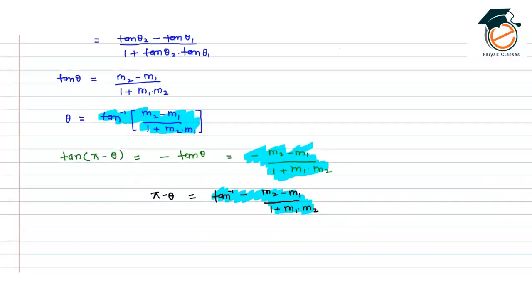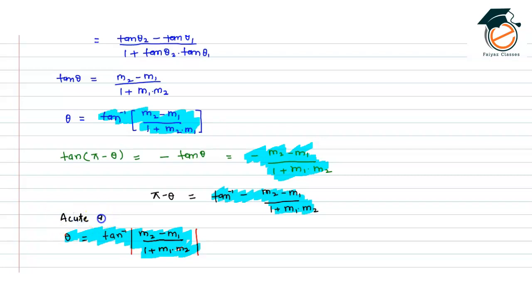If we want to find only the acute angle between the two lines, we take theta as the acute angle, and the formula is tan inverse of mod of (m2 minus m1) divided by (1 plus m1 m2). This is the required formula for the acute angle between the two lines.